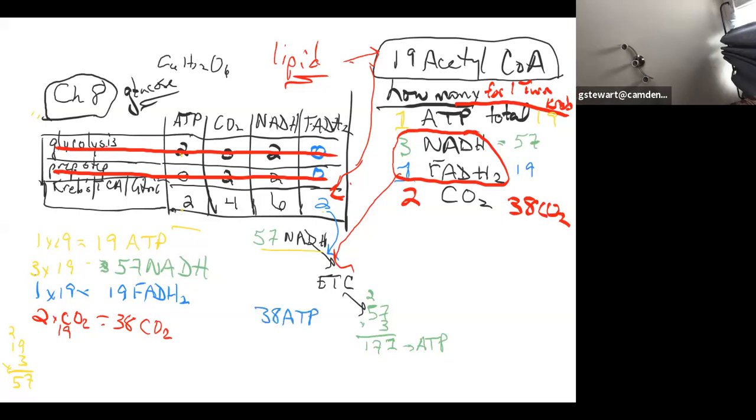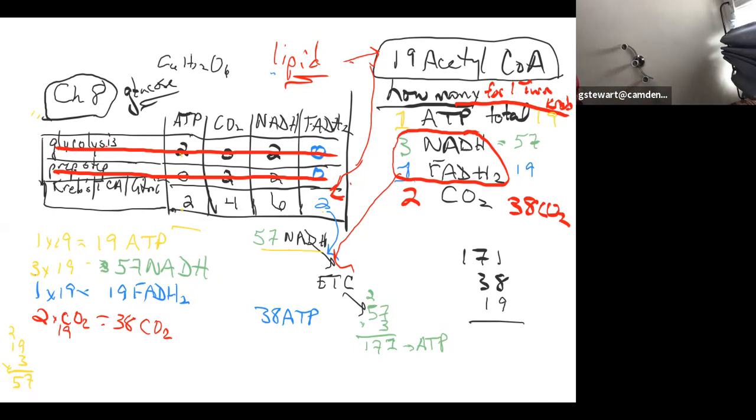So if I completely oxidize this lipid, it's actually called, I think, beta oxidation, just like the complete oxidation of glucose is cellular respiration. If I completely oxidize this lipid all the way and produce the most ATP that I can from it, I'm sure you can do this faster than I can, right? 171 from the NADH, the 38 from the FADH2s, the 19 that I get just from going around the Krebs cycle with that substrate level phosphorylation.